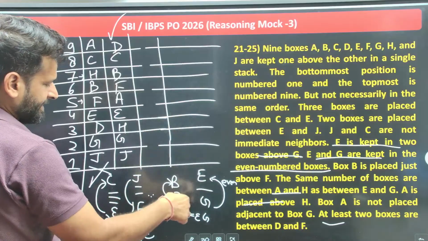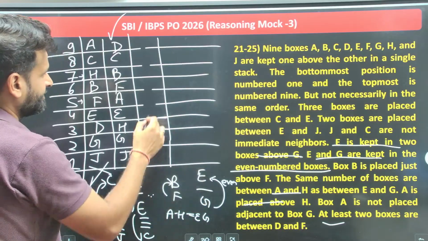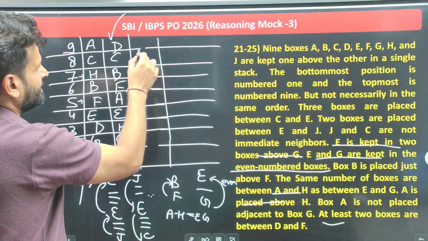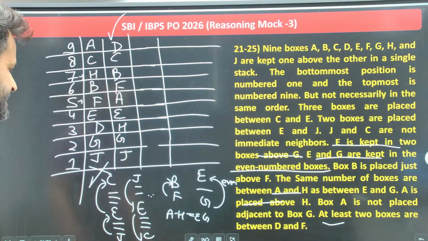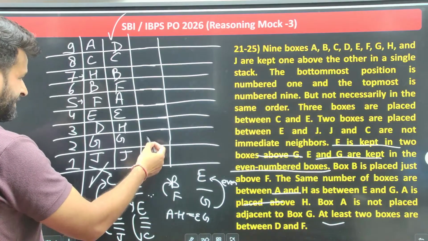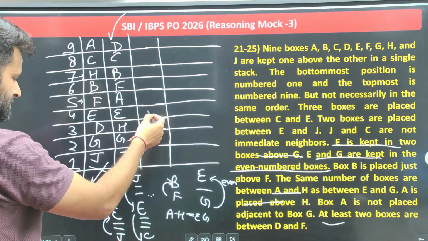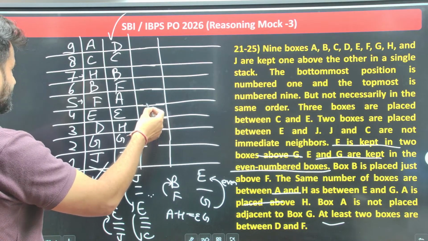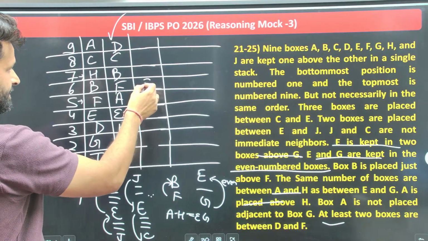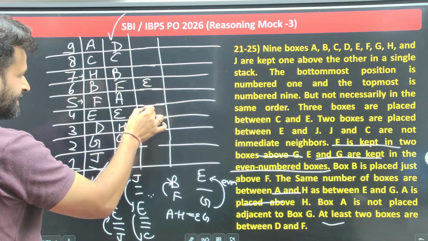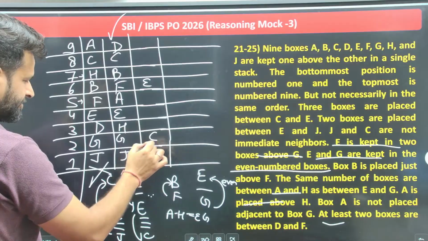I thought E and J were at even. No. I am using this condition. E has to be at even. E cannot be at 2. E can be at 4. No, E cannot be at 4 also. E has to be at 6. This has to be E, so that 1, 2, 3, this will be C.